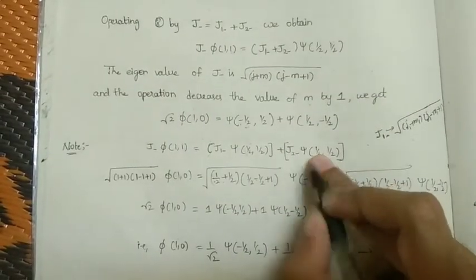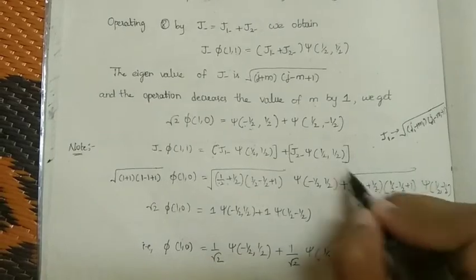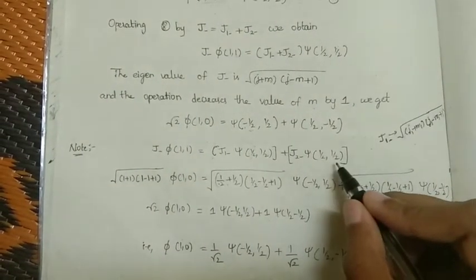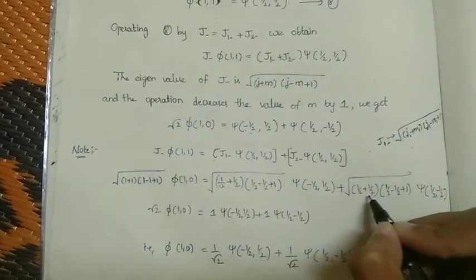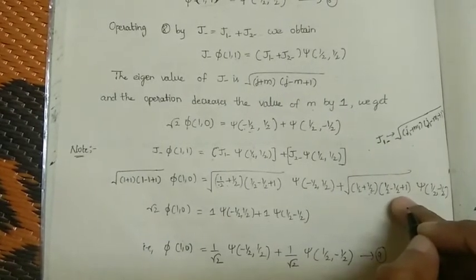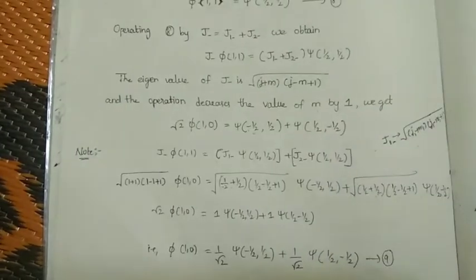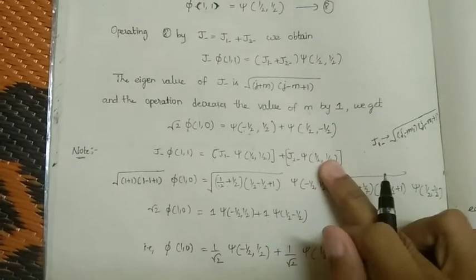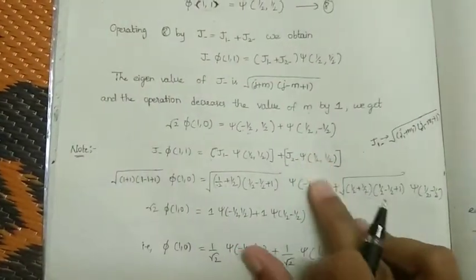And in the next case, j2 minus is nothing but the square root of j2 plus m2 times j2 minus m2 plus 1. j2 is also half as given in the question, and m2 is half. j2 minus would reduce the value of m2 by 1, so half minus 1 is minus half, and it does not do anything with m1.